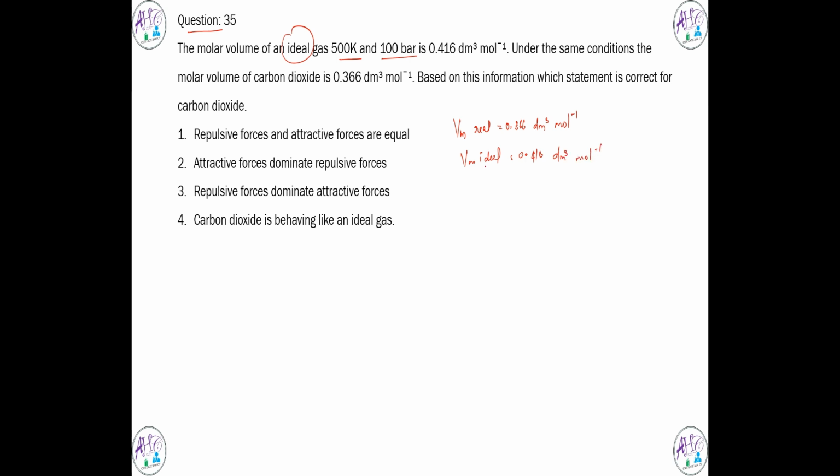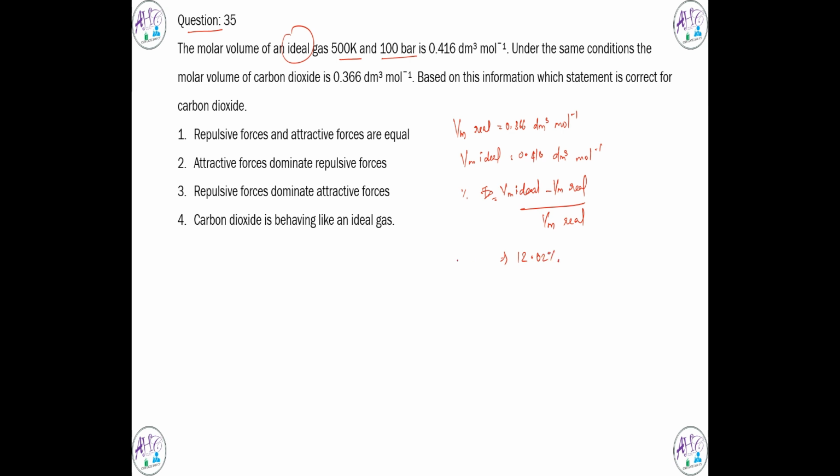So here they are not asking us to find the percentage of difference, but even if you go and find the percentage of difference, it is going to be V molar ideal by V molar real. So when you actually substitute the values of molar volumes of real and ideal gas, you'll get the percentage around 12.02 percent.